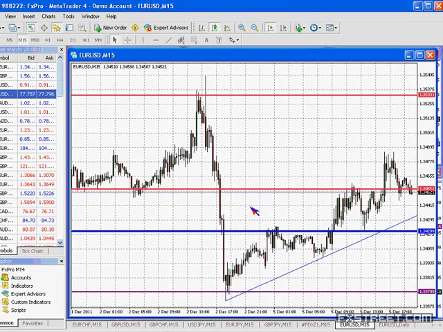I talked about this in a special open mic night event at FX Bootcamp, during Friday's Asian session. And then I talked about this also in advance of the release of the NFP report during FX Street's NFP event on Friday.